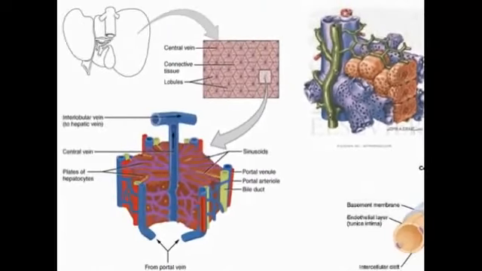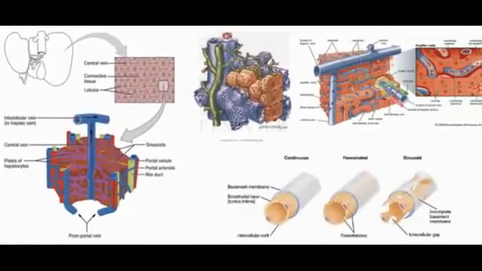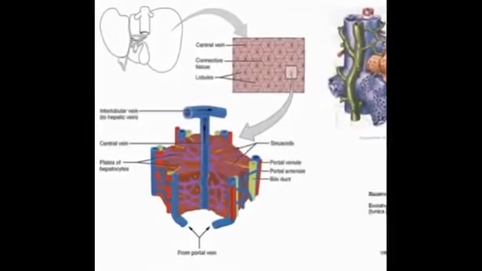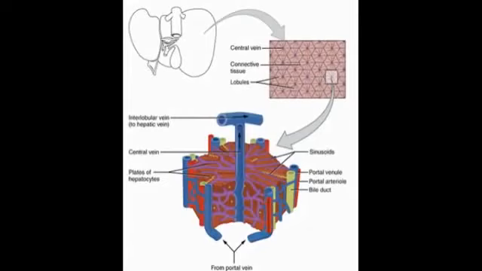This is number 8. This slide is a more microscopic view of each lobula. In the middle of that structure, you see the same hexagonal structure.